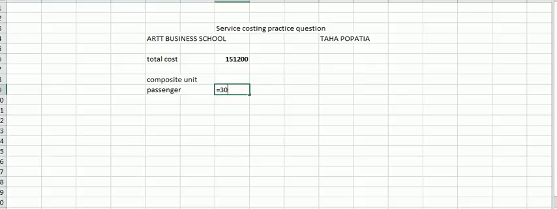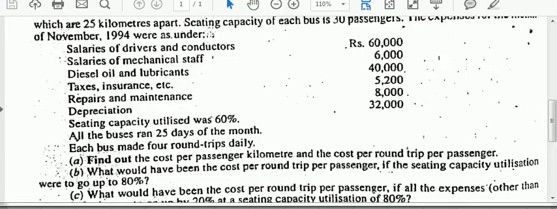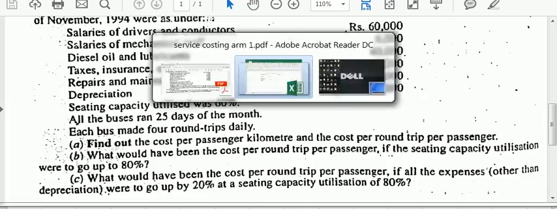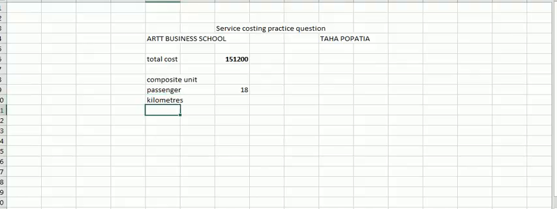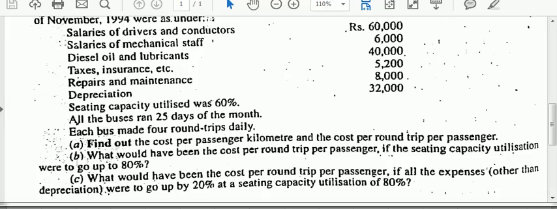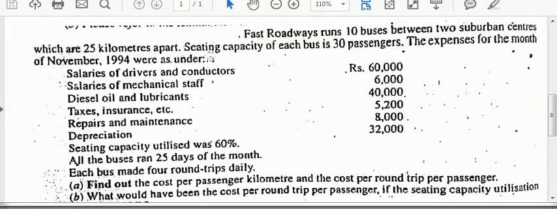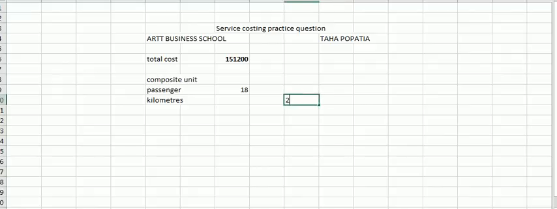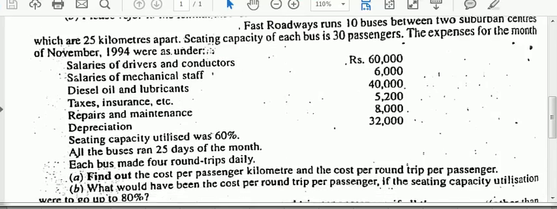Therefore, although there were 30 seats, only 60% of the seats were required. The second part of the composite unit is kilometers. The distance between the two areas is 25 kilometers.